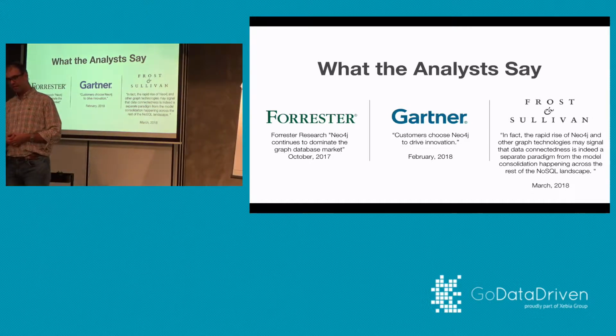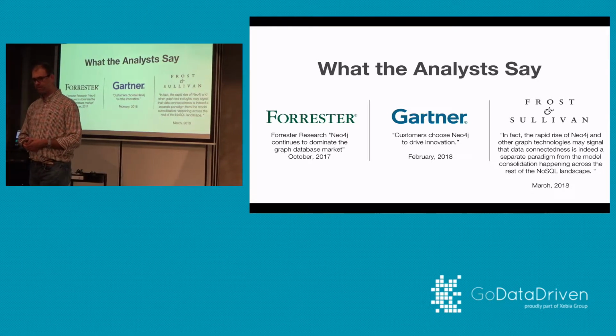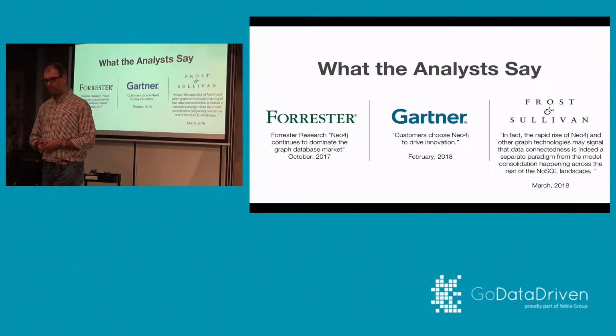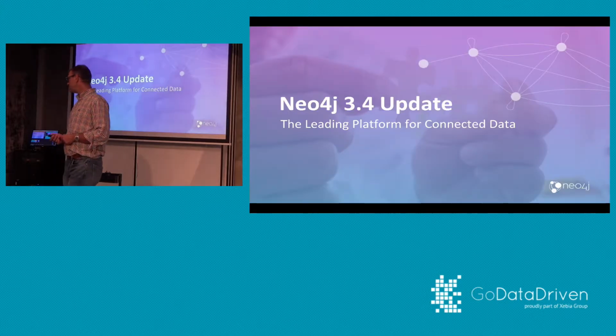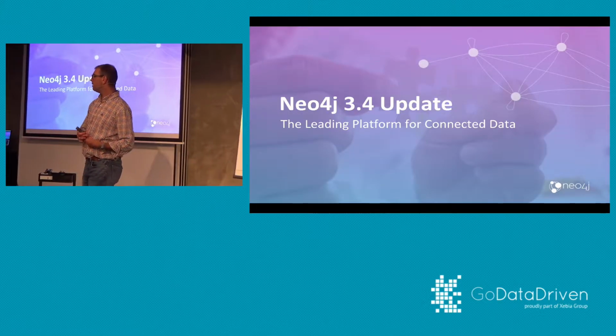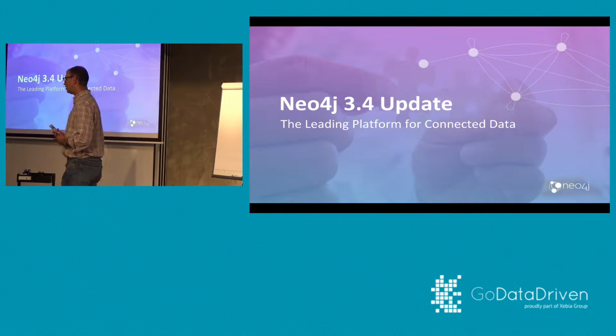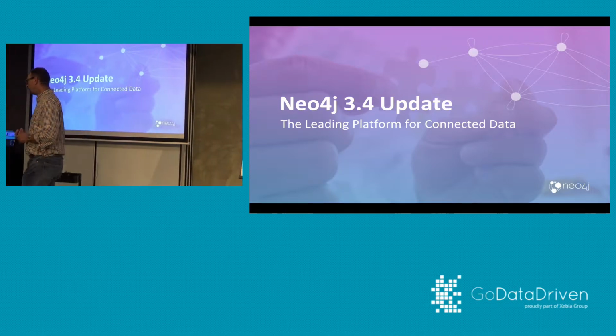And I guess the market has come a long way as well. Neo4j is still a very popular open source project, but it's also a very popular piece of enterprise software these days, with lots of big organizations using it in lots of different use cases. So let me give you a little bit of an update on what's in the 3.4 release.